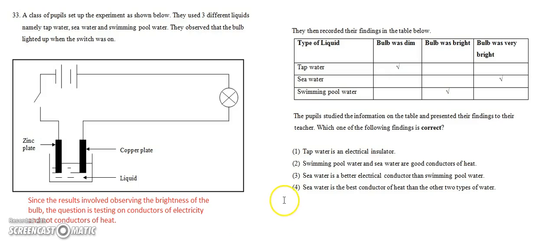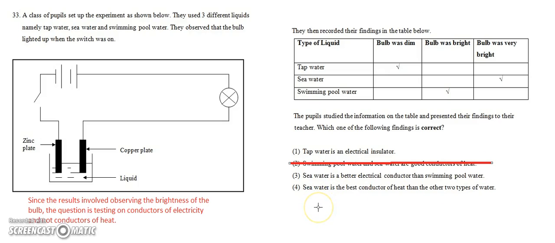So if the question is testing us on conductors of electricity, we can eliminate option number 2, because option 2, swimming pool water and seawater are good conductors of heat, is talking about conductors of heat, which is not what the question is testing us for.